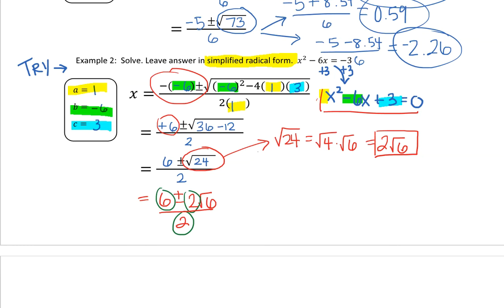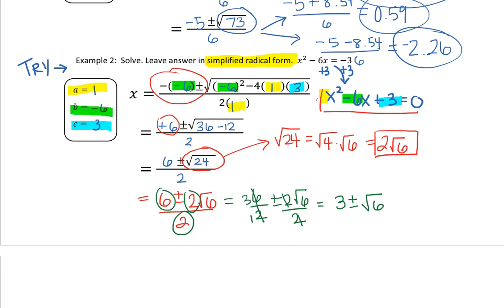On the top they both have multiples of 2, and on the bottom we have a 2. So here's how we're going to do this. Break up this whole thing into 2 fractions so that we can reduce this. This is 3 over 1. This is 1 over 1. So this is really just 3 plus or minus the square root of 6.